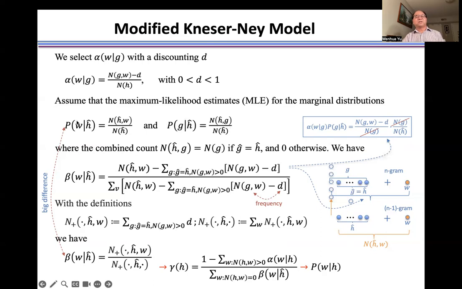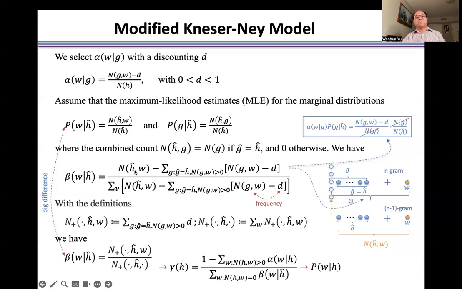We substitute this P and alpha into the formulation above, and using this product of alpha and P, we cancel this denominator and this numerator. Because all the terms here include the same denominator, we can cancel each other. And then we get this normalized beta.